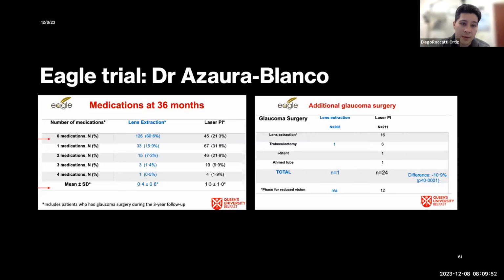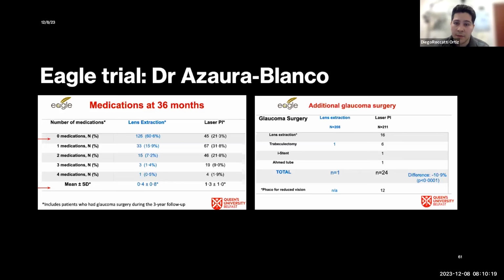And if we compare the number of patients who have no medications, you can see a big difference of about 60% in the lens extraction group compared to only about 21% in the laser PI group. So significantly reduced the need for medications, and the need for additional surgery in the lens extraction group was also less.